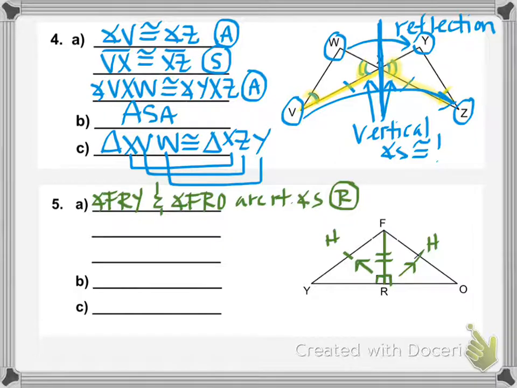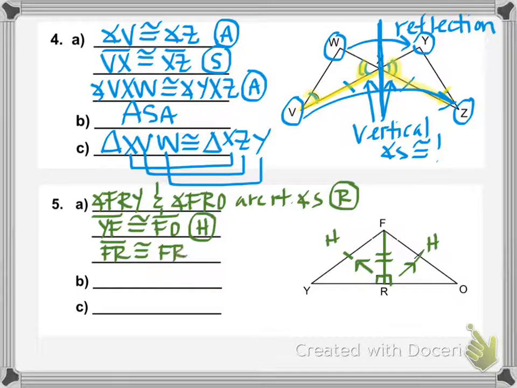All right, the 2 H's or hypotenuses that are congruent are YF, and that's congruent to FO. And I'm going to put an H off to the side. I know they're sides, but they're also hypotenuses. And then FR is congruent to itself because both triangles share that segment.